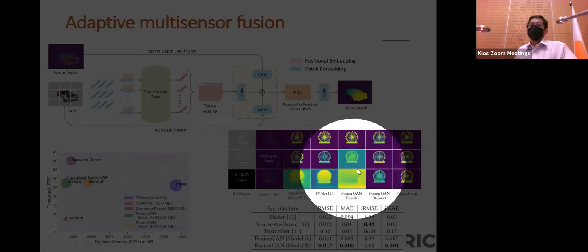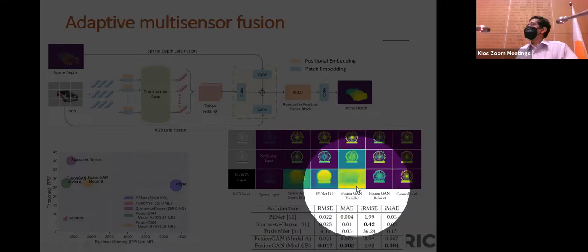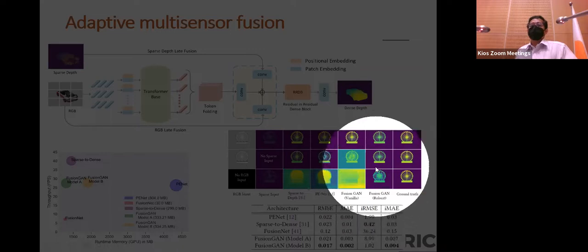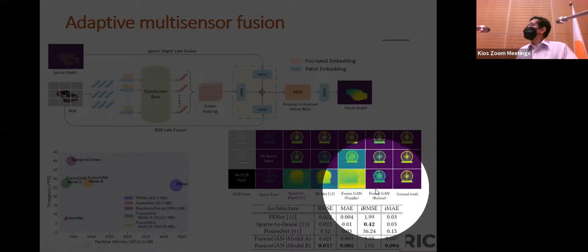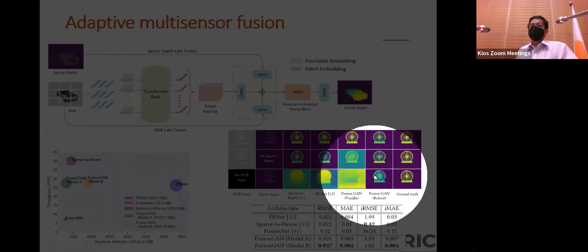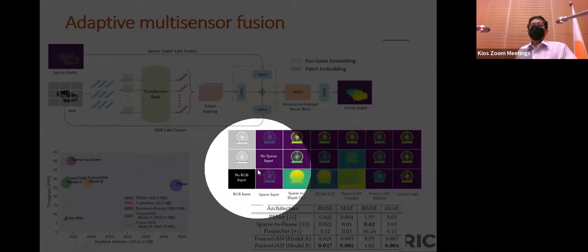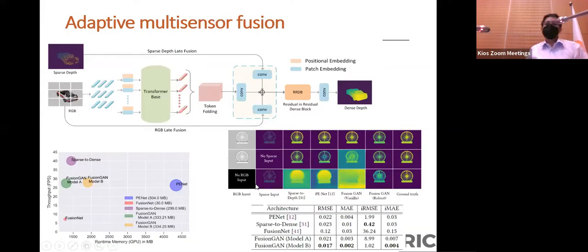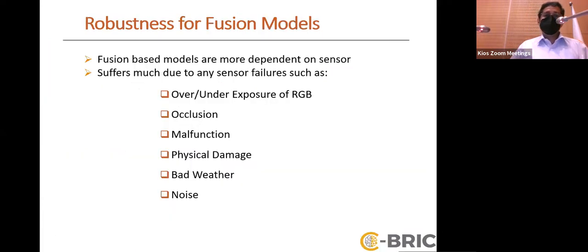In our technique, called FusionGAN, which fuses both of these, we addressed the robustness aspect by weighing them and training the network for these failure mechanisms. And you can see it replicates the data even in the absence of one of these modalities, dynamically. And that's what is important in these types of scenarios.